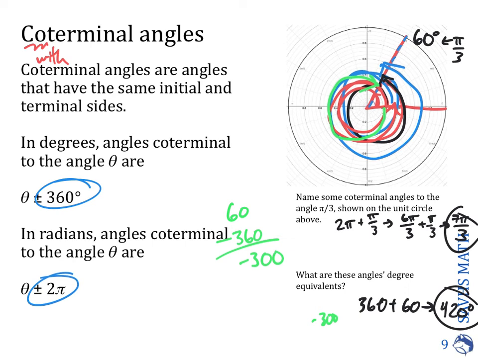And if you do this in radians going the same way around, we would have our pi over 3 minus 2 pi. And we would get our answer as negative 5 pi over 3. Okay, so negative 5 pi over 3, 7 pi over 3, pi over 3 are all coterminal angles.